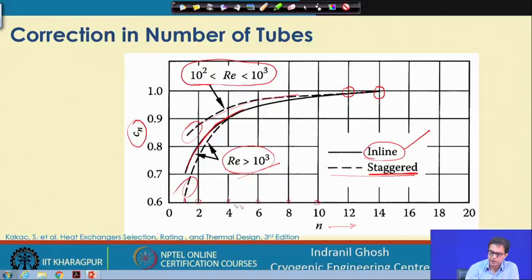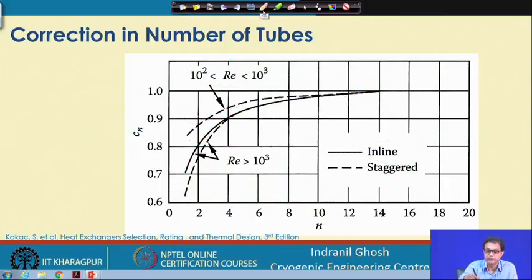It is not only giving it for 2, 4, 6, 8; the intermediate values can also be taken, as 3, 5, and we can also evaluate at 9, etc. So, depending on the number of tubes, if it is less than 10 or 12, then we can accordingly take care of the correction factor that we have to incorporate within the correlation given in the earlier slides.